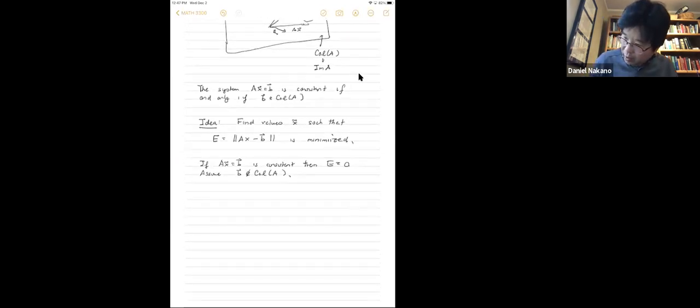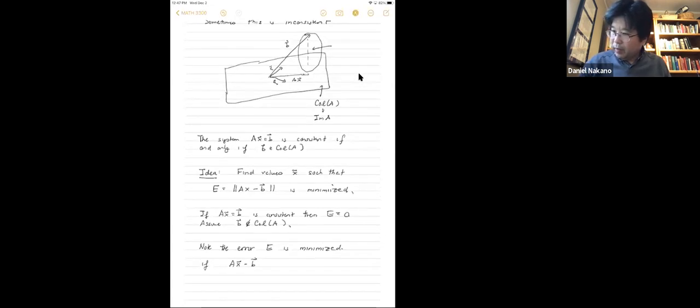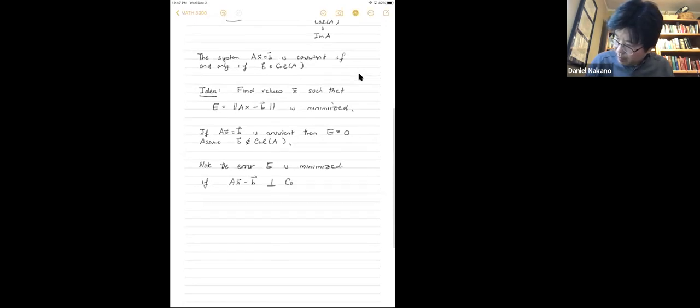So note the error E is minimized if AX minus B, this vector over here, is perpendicular to the column space.